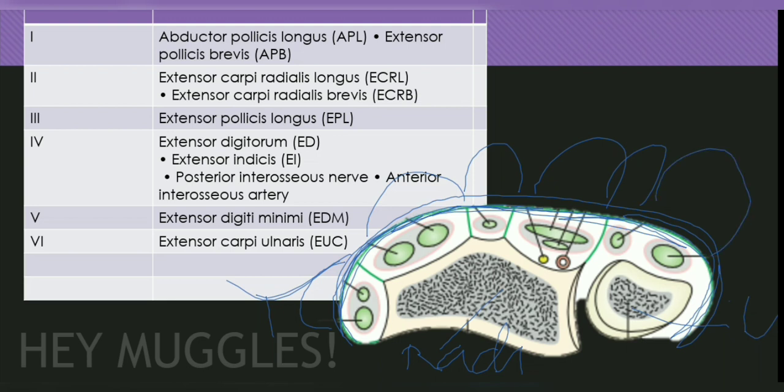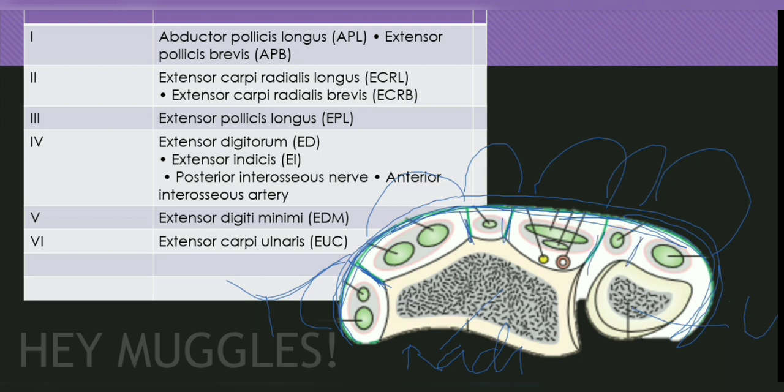The space that is present deep to your extensor retinaculum has been divided into 6 compartments with the help of 5 septa. The structures in green that are dividing the compartments, these lines, are your septa.